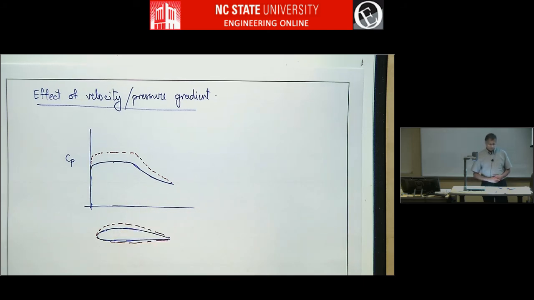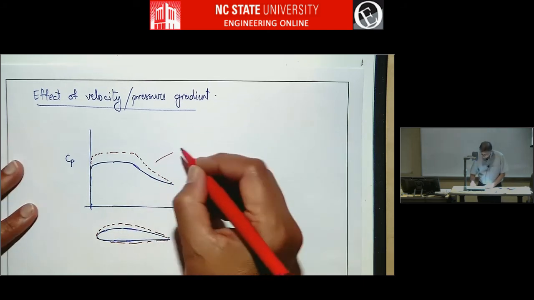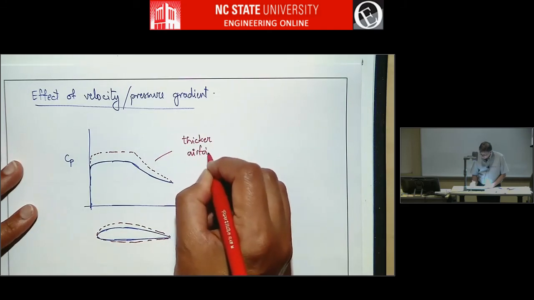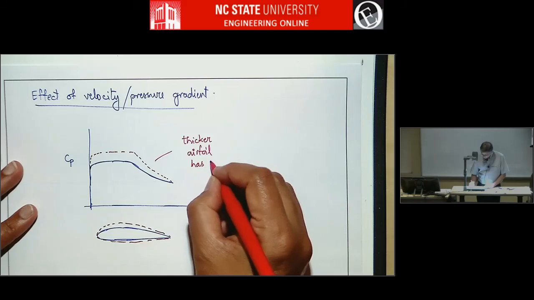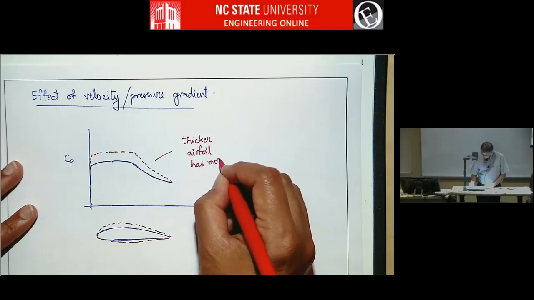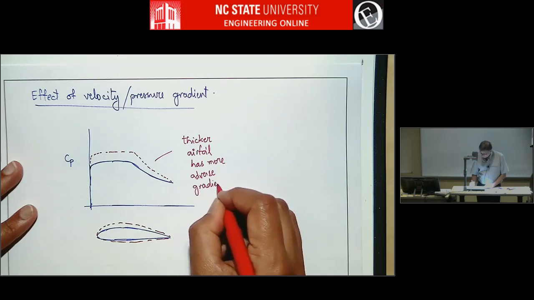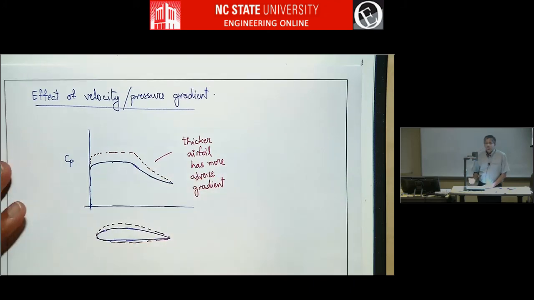So it has more adverse pressure gradient. So this region is adverse. The thicker the airfoil, the more it has to fall over that pressure drop. And for this discussion, let's assume the flow is turbulent right from the leading edge.